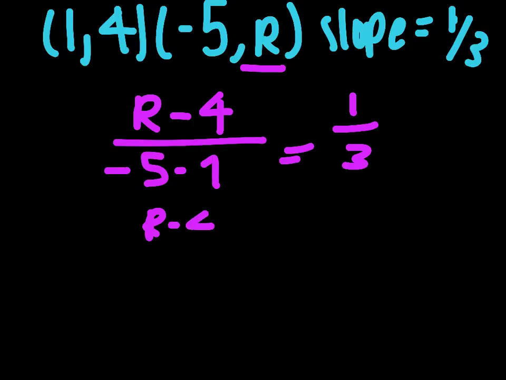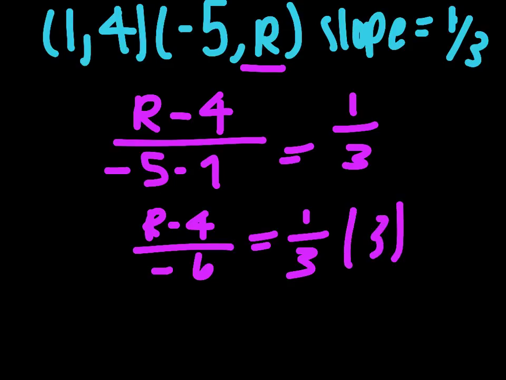Then r minus 4 equals negative 6. And then you're going to multiply by 3 on this side, multiply by 3 on this side.